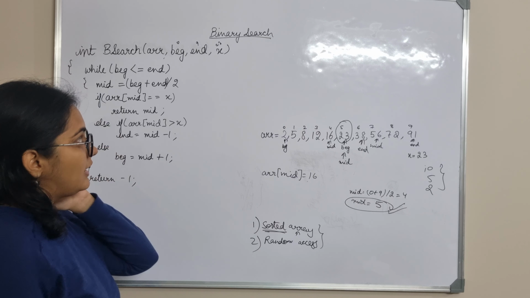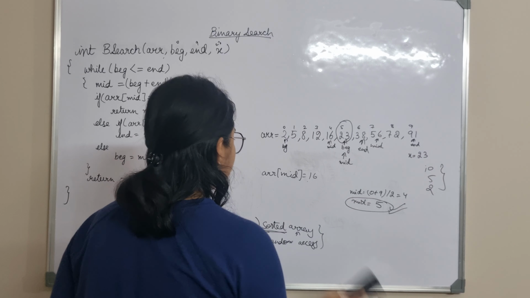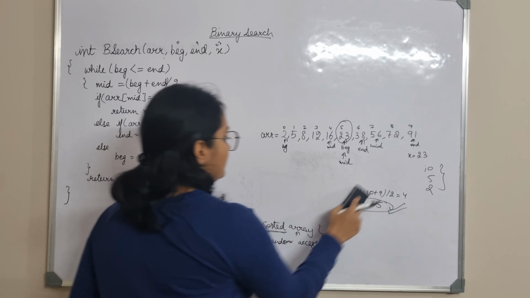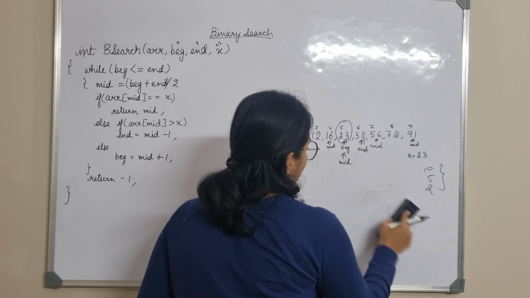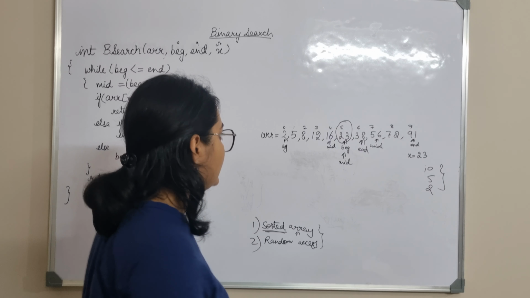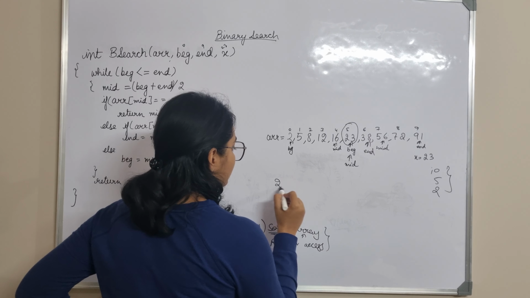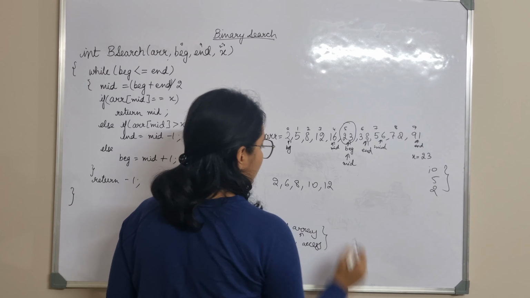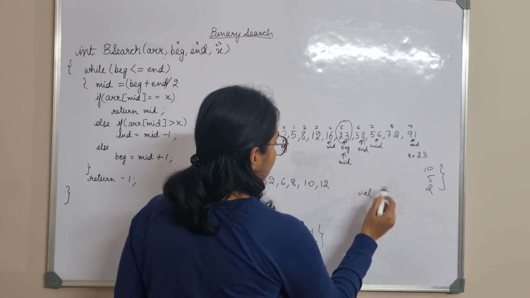Let's see one more example. Let's say our array is 2, 6, 8, 10, and we are looking for 11.